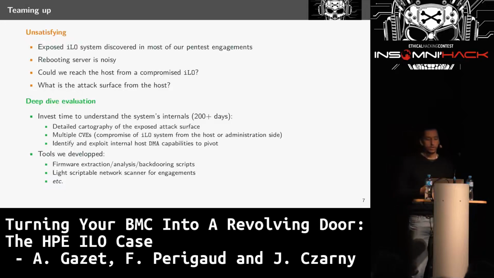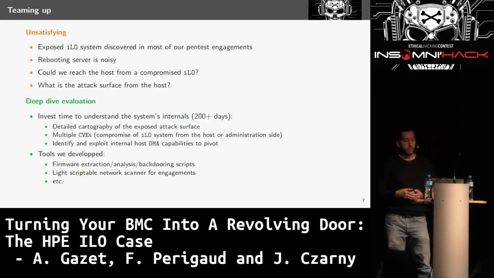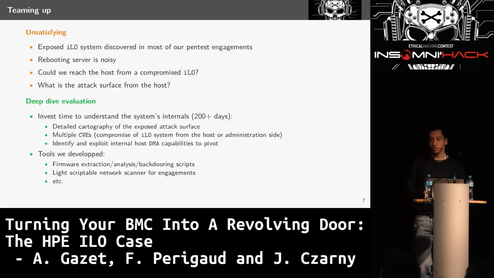We wanted to know if, for example, we could reach the host, the main server, from a compromised iLO, but also on the other side, what the attack surface was from the host to attack the iLO systems. That's why we started what we call a deep dive evaluation. We invested an important amount of time, more than 200 days for the three of us, to build a detailed cartography of the attack surface, both from the host side and from the administration side.